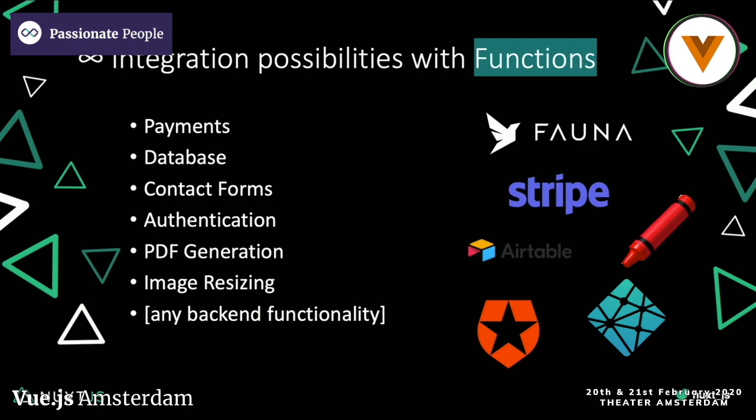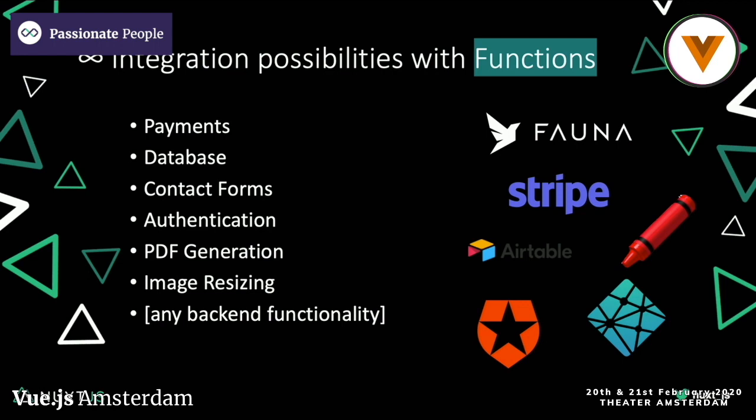You can think about infinite possibilities with functions. We were brainstorming what we can do. If you have a small project, or a small requirement, for example a Jamstack application where you want to add payment support, you can easily create a function. You can have integration with a database like FaunaDB. You can create a contact page. You can bring authentication support.